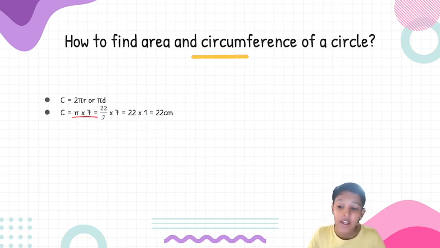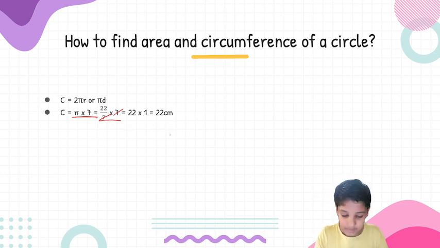Since 7 is obviously a multiple of itself, we're going to use the fraction 22 by 7 as pi. Now since there are two 7's present in this multiplication, we're going to strike out both the 7's, because if you multiply x by 7 and then divide by 7, you will obviously get x. So our final answer will be 22 times 1, which is 22 centimeters.